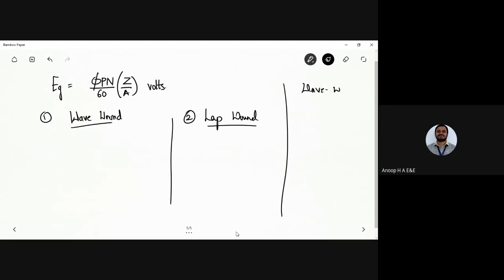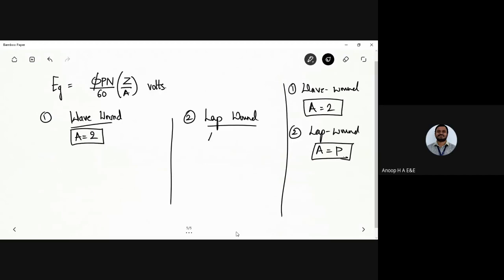For wave wound, the number of parallel paths is 2. For lap wound, A equals P. So wave wound A equals 2, lap wound A equals P. That's how you find out which one is lap wound and which one is wave wound.